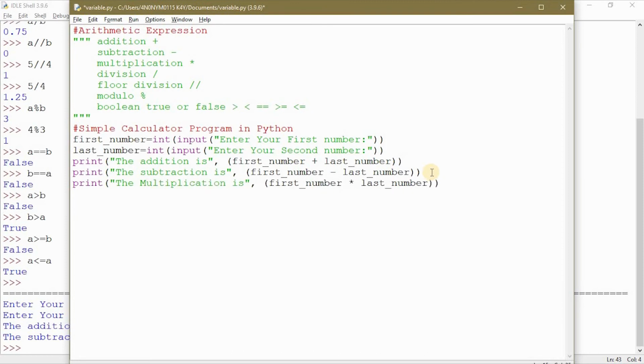The next one is division. This is for the floor division, which ignores the numbers after the decimal.